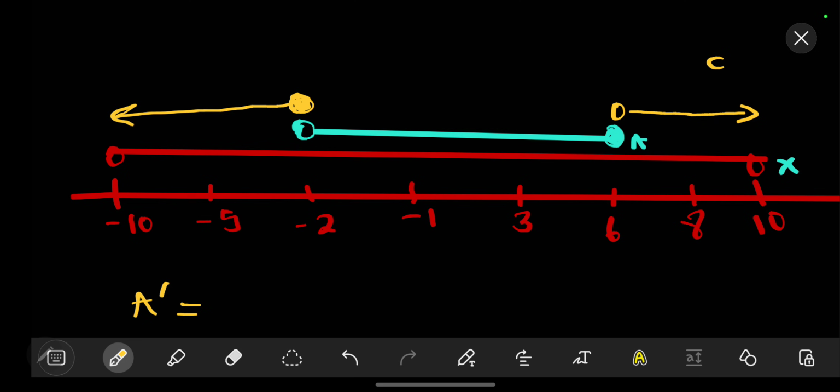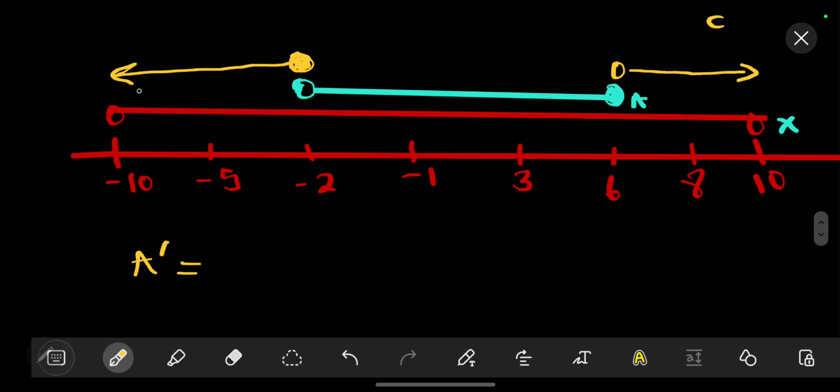So we are required to name this. So naming this set, as usual, we were beginning from our negative infinity. However, since the range, or rather the universal, is only ending up to 10, it means to say we can't go beyond this. So our value for this problem will be our negative 10. Since negative 10 is not included in the universal, it will be a negative 10 with an open circle like that.